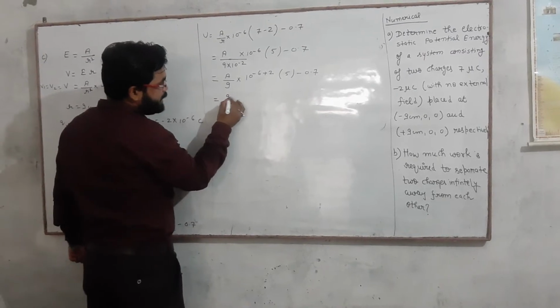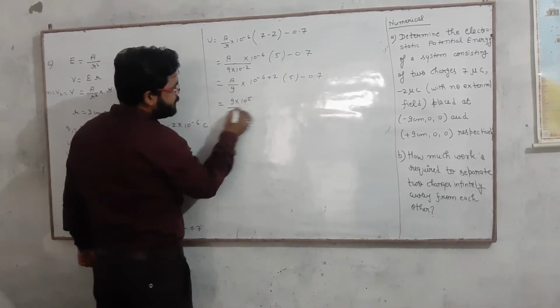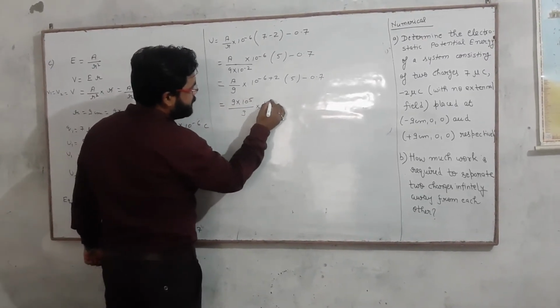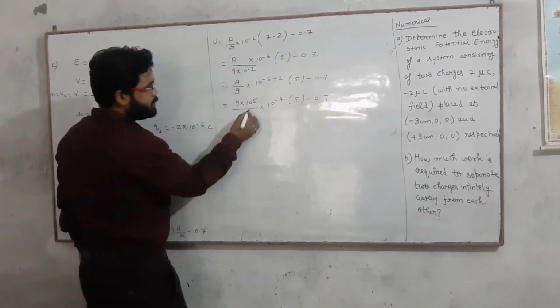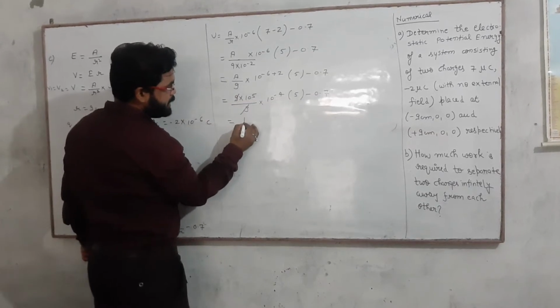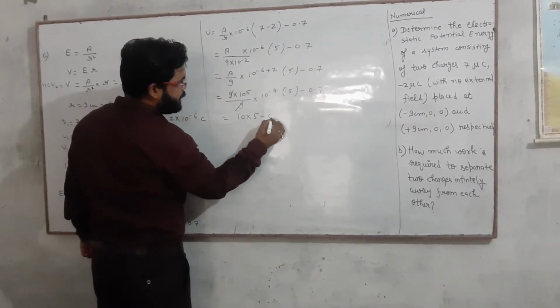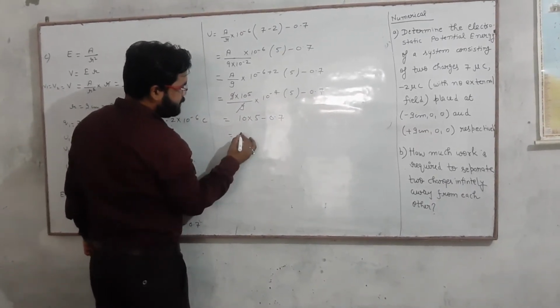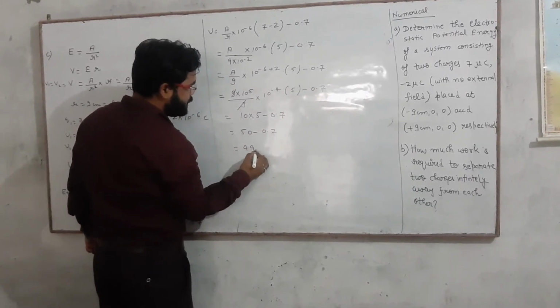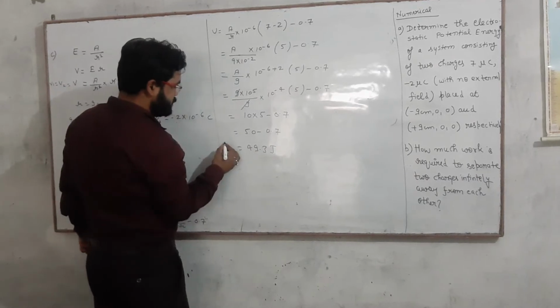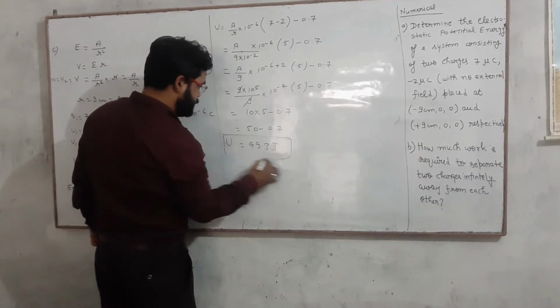The value of A is given in the question, 9 into 10 to the power 5, into 10 to the power minus 4 into 5 minus 0.7. 9 and 9 will be cancelled, then it will be 10 into 5 minus 0.7. So it will be 50 minus 0.7. So it is 49.3 joule.